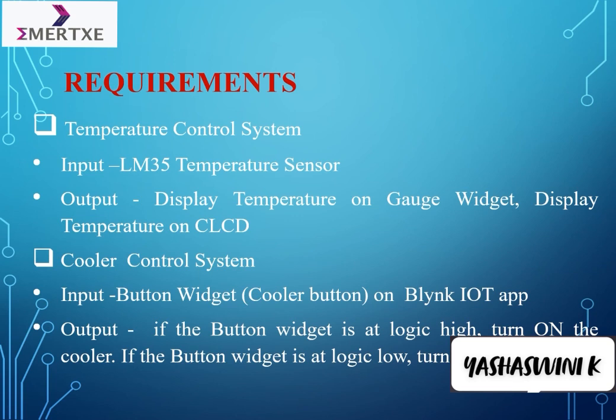Cooler control system: the input is a cooler button on the Blynk IoT app. If the button is at logic high, turn on the cooler. If the button is at logic low, turn off the cooler.